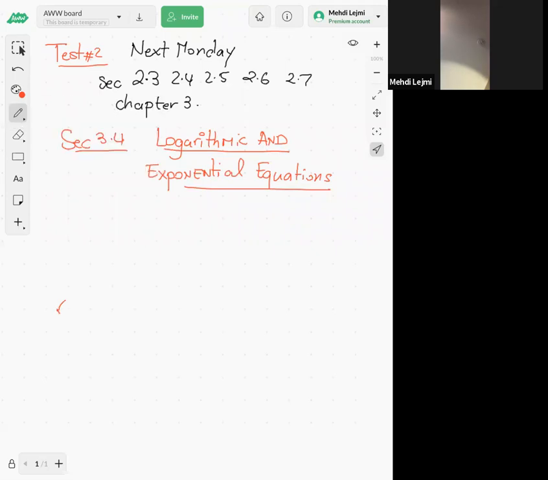Okay, so what about exponential equations? I'm going to do basically, let's say, two examples, guys, on exponential equations. So example 1. I'm going to show you how to solve exponential equations in general.